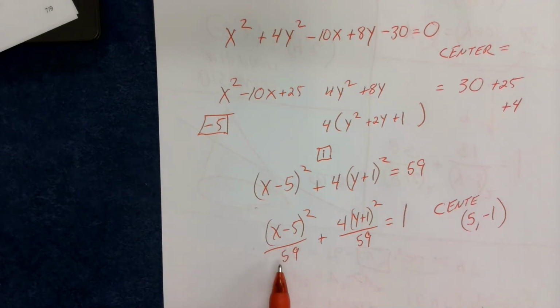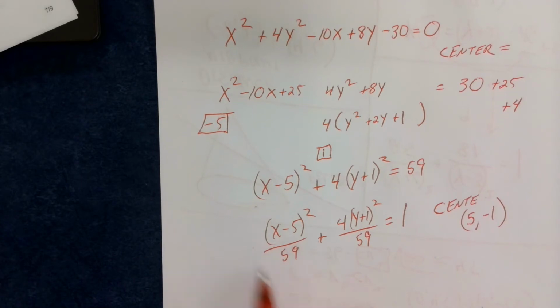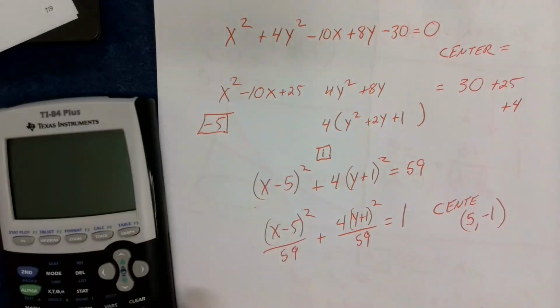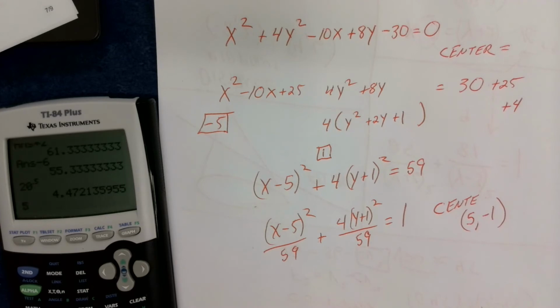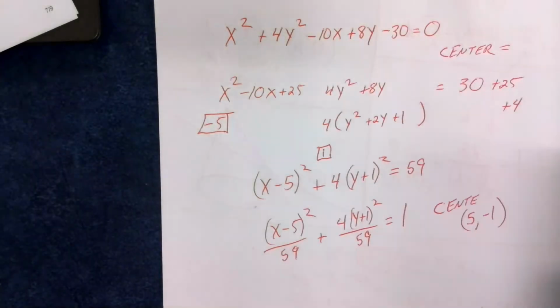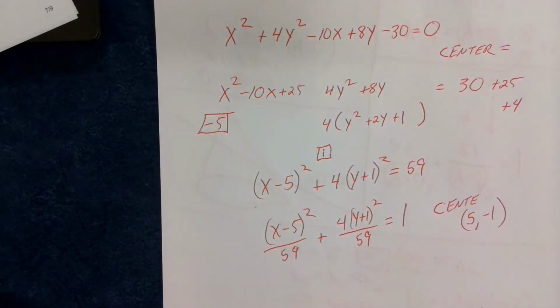Well, I take the square root of the denominators, or the square root of the coefficients. In this case, the square root of 59. I can do that right now. I've got 59 raised to the 0.5 power. Sorry, my batteries just died on me on that calculator.